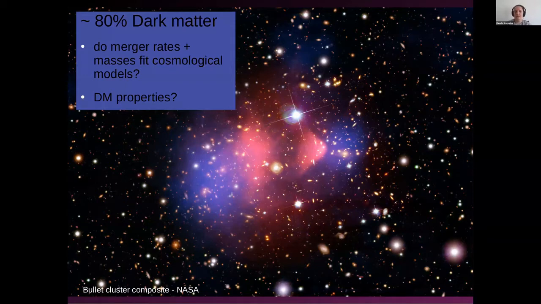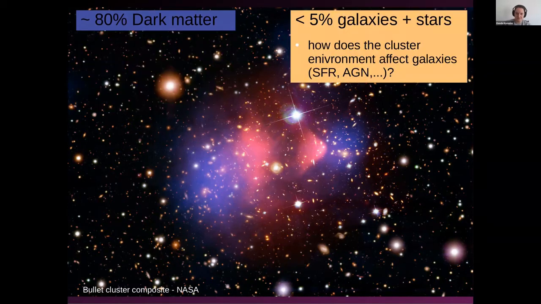You can study dark matter in clusters through things like gravitational lensing and use it to probe things like cosmological models and maybe even the precise properties of the dark matter particles themselves. Then you've got the color in this image, the RGB, which is the galaxies and the stars.